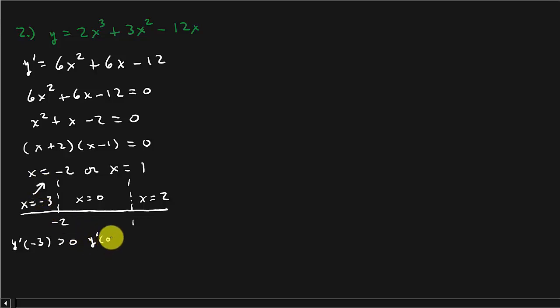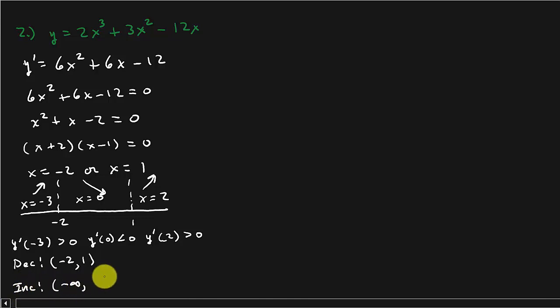And then y prime of 0, that's going to be positive, negative, that's negative, so that's decreasing. And then y prime of 2, that's positive, positive, positive times a positive is positive, so that's increasing. So we've got decreasing from negative 2 to 1, and increasing from negative infinity to negative 2 and 1 to infinity.